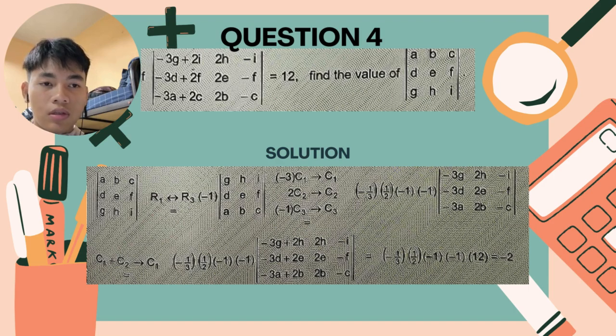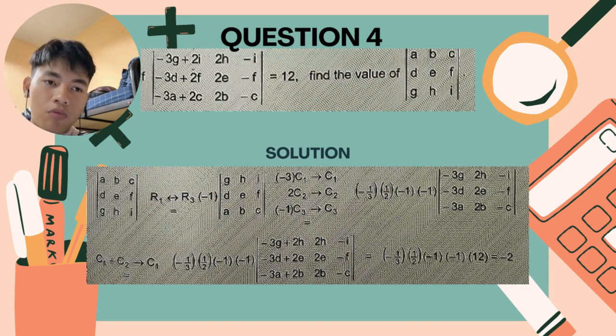The solution starts with the matrix A, B, C, D, E, F, G, H, I. Interchange row 1 with row 3. When we interchange, we get negative 1. Next, negative 3 times column 1 to new column 1, 2 times column 2 to new column 2, negative 1 times column 3 to new column 3.